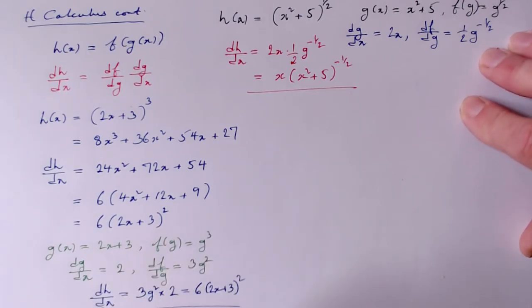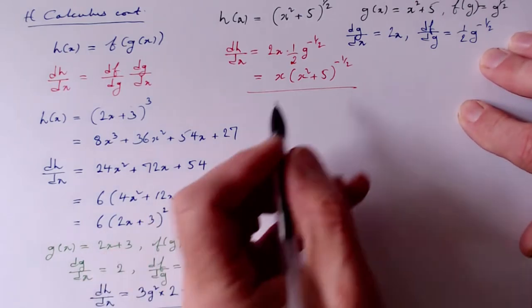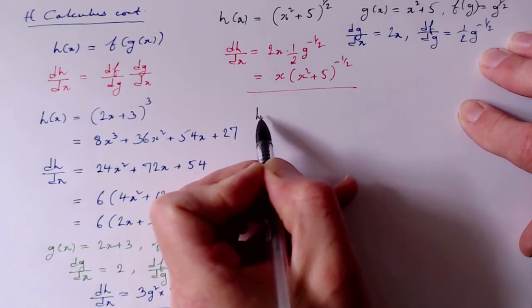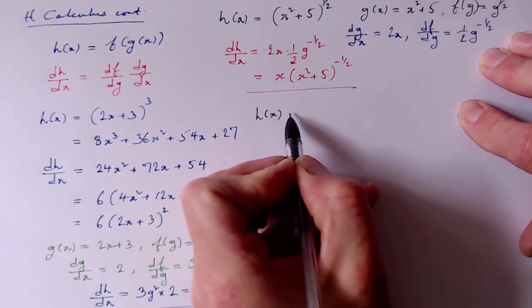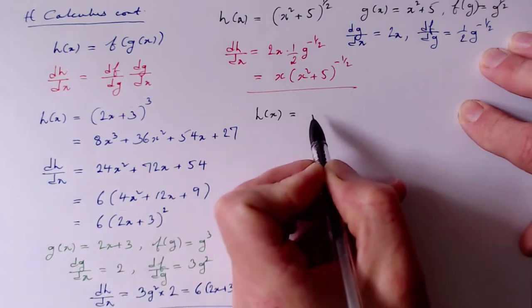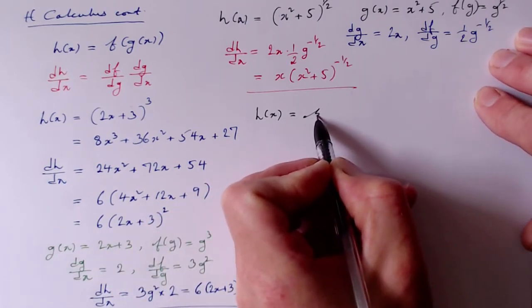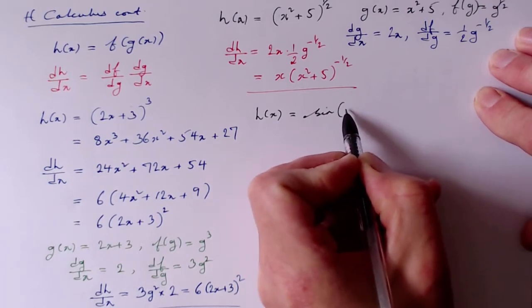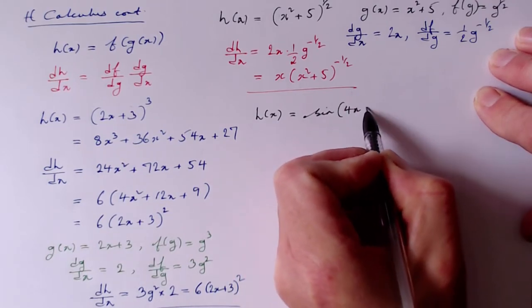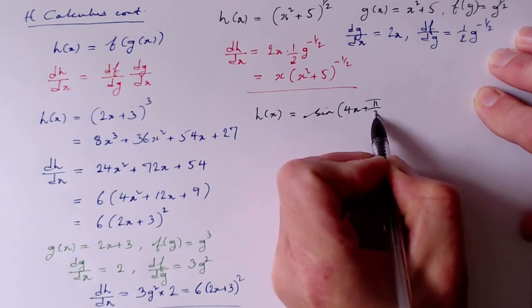Let's do a couple of examples using trigonometric functions. So let's imagine we have a relatively straightforward one. Let's say we have h of x equals, for example, sine of 4x plus pi over 3.